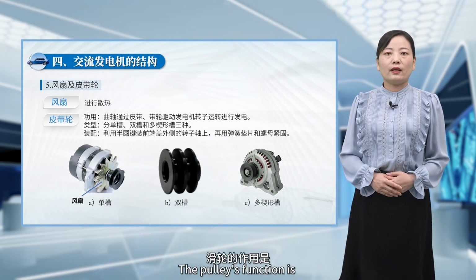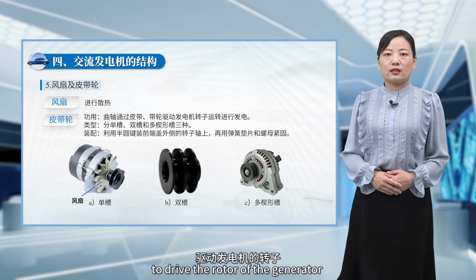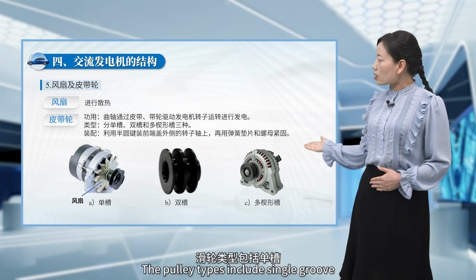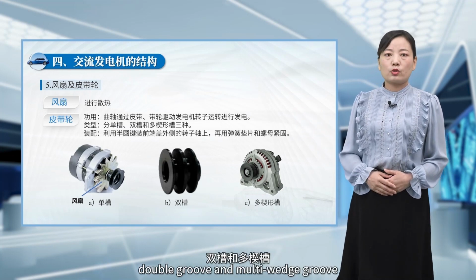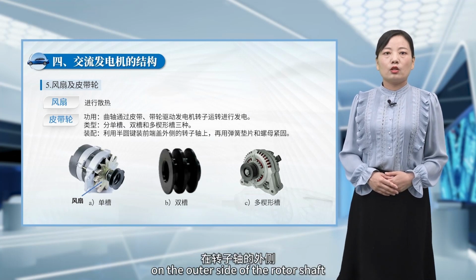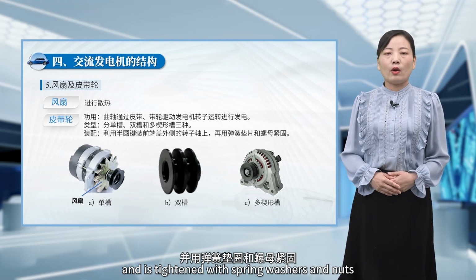The pulley's function is to transmit the rotation of the crankshaft to drive the rotor of the generator for power generation. The pulley types include single groove, double groove, and multi-wedge groove. The pulley is assembled using a semicircular key on the outer side of the rotor shaft, and it is tightened with spring washers and nuts.